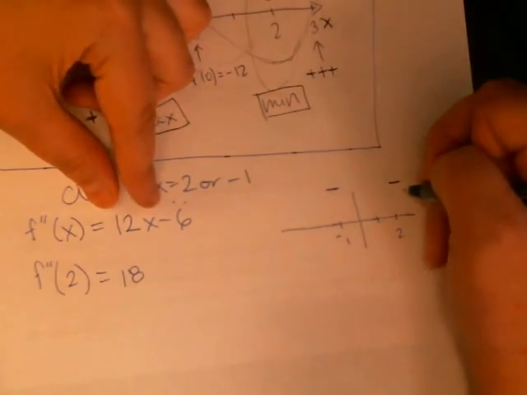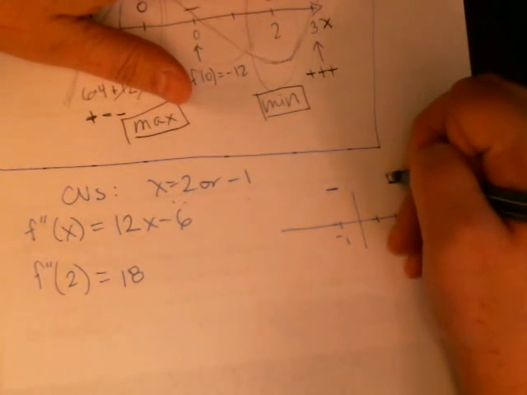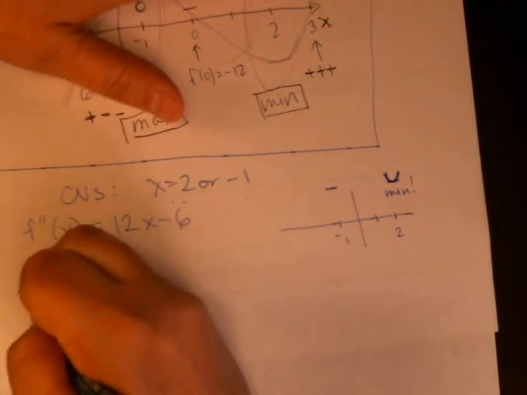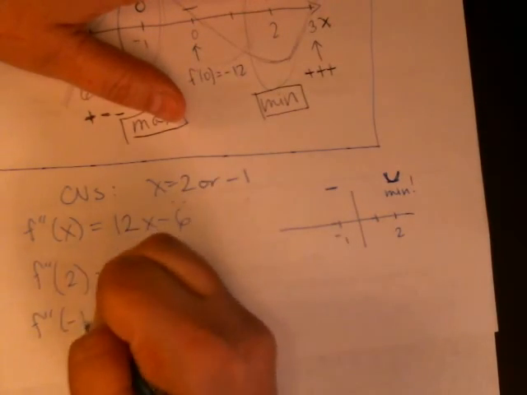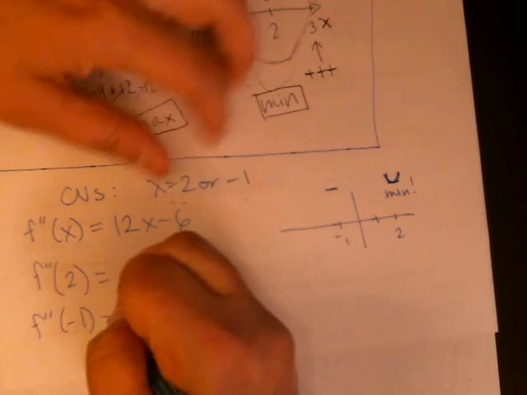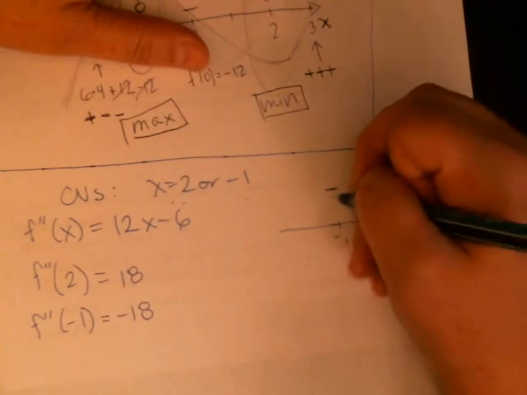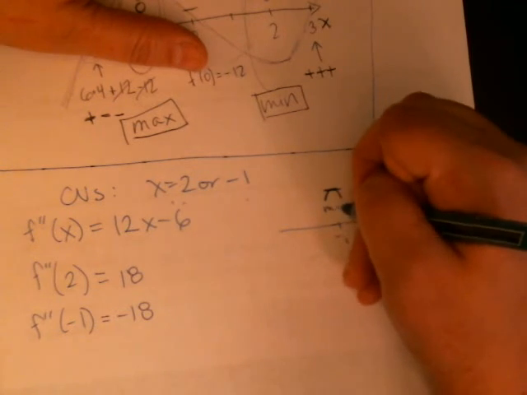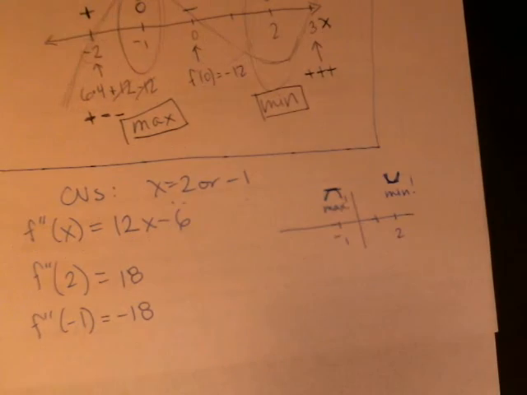The function is concave up, which means there's definitely a minimum there. And at x equals -1, I get -12 minus 6, which is -18. So the function is definitely concave down, which means I have a maximum. So that's how it would work.